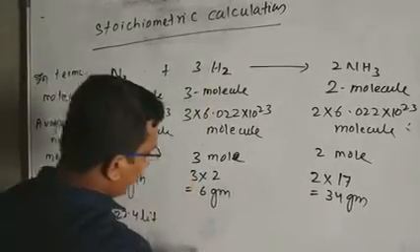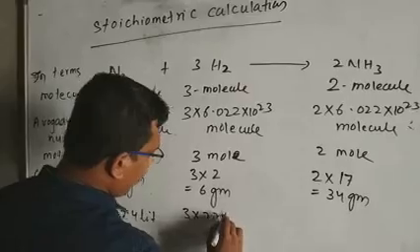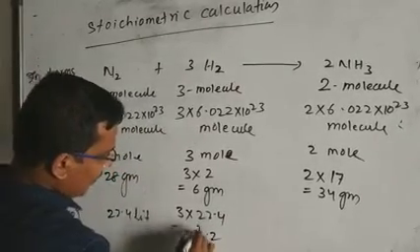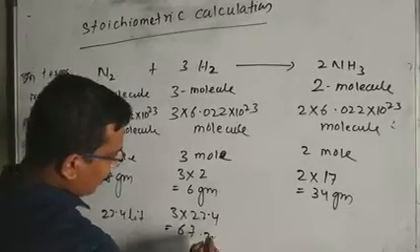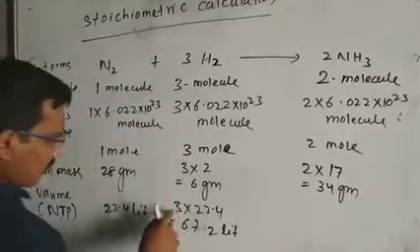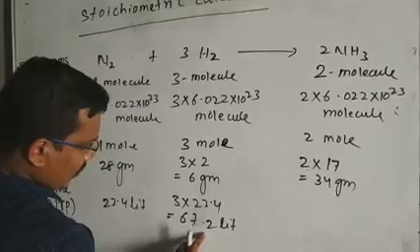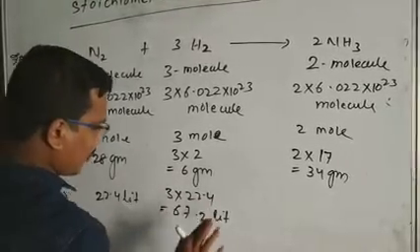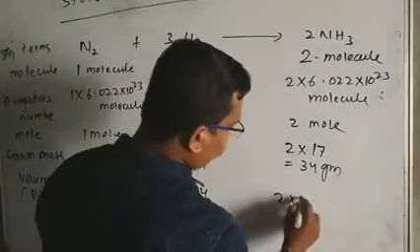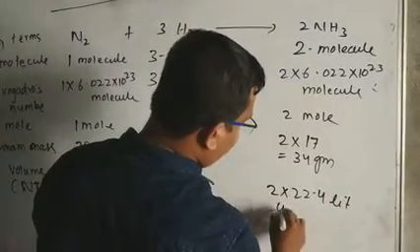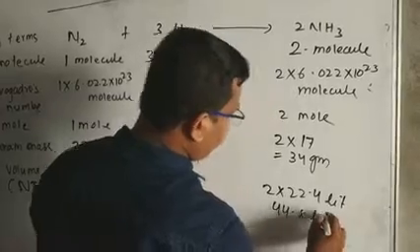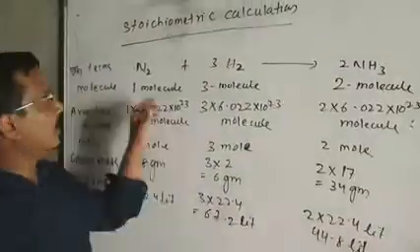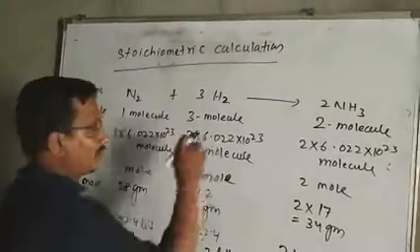Hydrogen is also a gas, so we can write 3 into 22.4, that is 67.2 liter. Next is 2 into 22.4 liter, that is 44.8 liter. That is all about the stoichiometric relationship between nitrogen, hydrogen and the ammonia molecule.